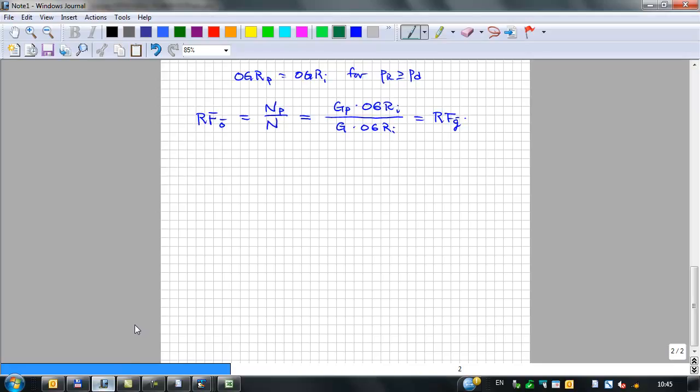So let's go back to here, and I'm going to find my process. We're going to define a process with component liquid recovery factors.